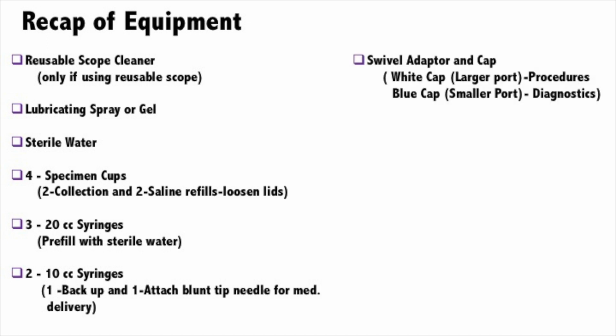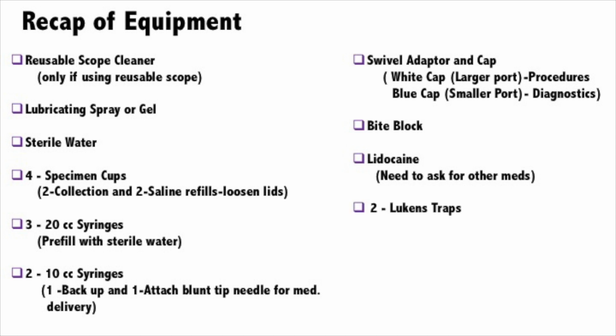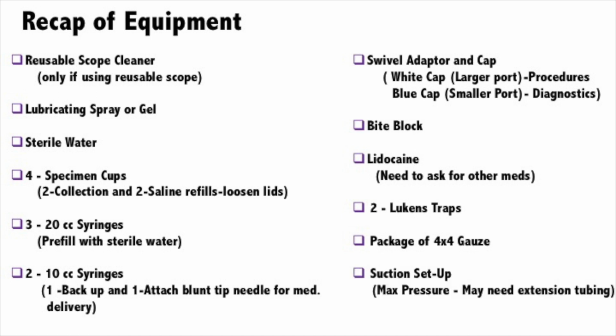You'll need to get a swivel adapter and cap. The white or clear cap has a larger port and is used for procedures. The blue cap has a smaller port and is used for diagnostic procedures. A bite block, lidocaine, and then if you need any other medications such as epinephrine, you will have to ask for those. 2 Leukens traps, a package of 4x4 gauze, a suction setup.